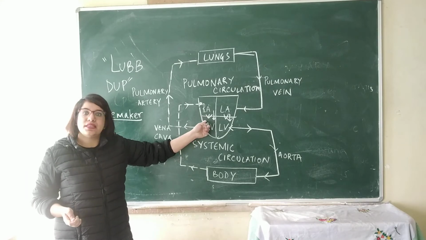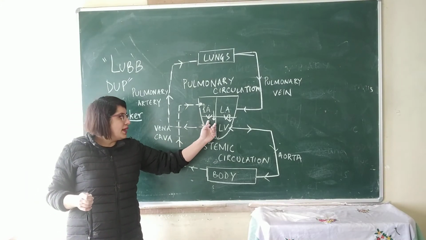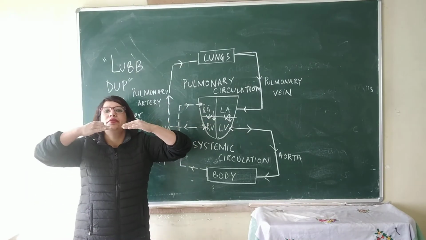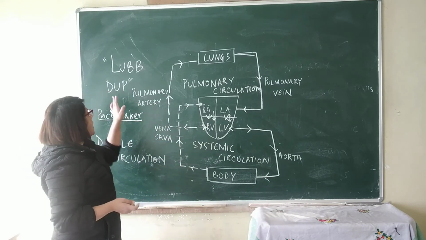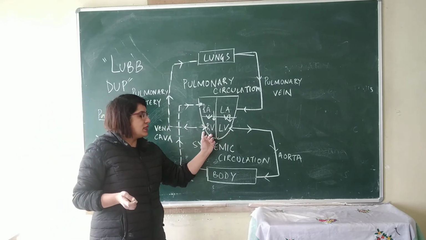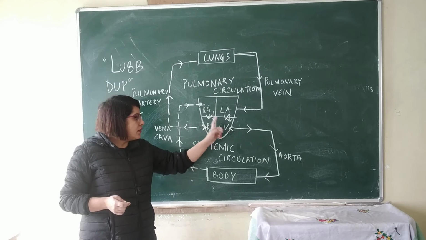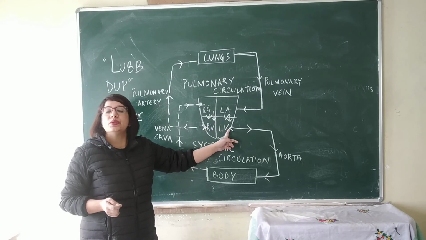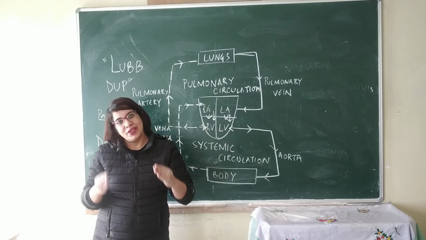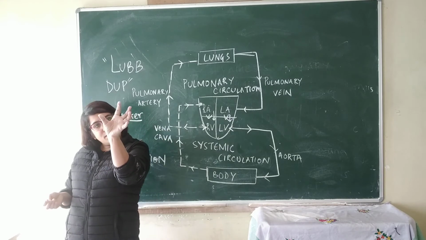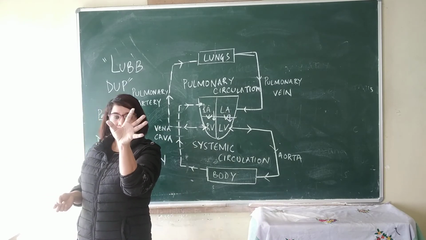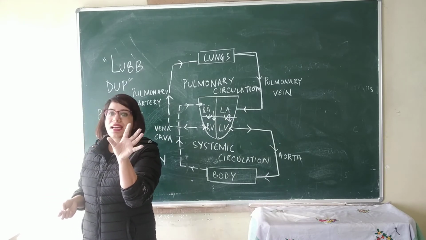So lub is heard when the tricuspid and the bicuspid valve close, and dub is heard when the semilunar pulmonary valve and the semilunar aortic valve close. Okay, so the heart keeps on contracting, relaxing. Contraction, relaxation.